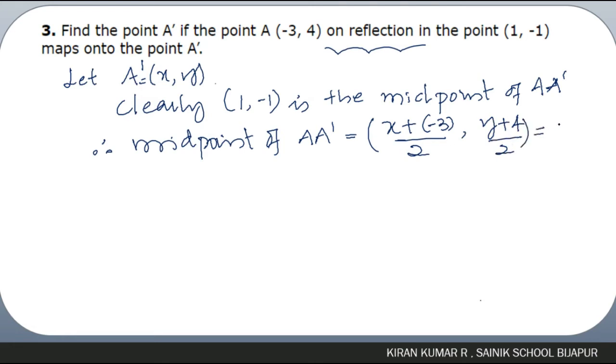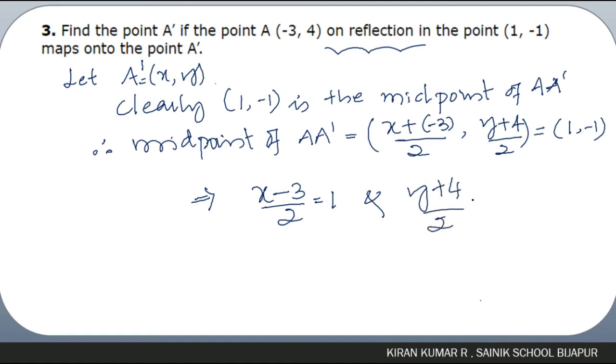Now I have to equate this with 1 comma -1. This implies (x minus 3) by 2 equal to 1 and (y plus 4) divided by 2 equal to -1.